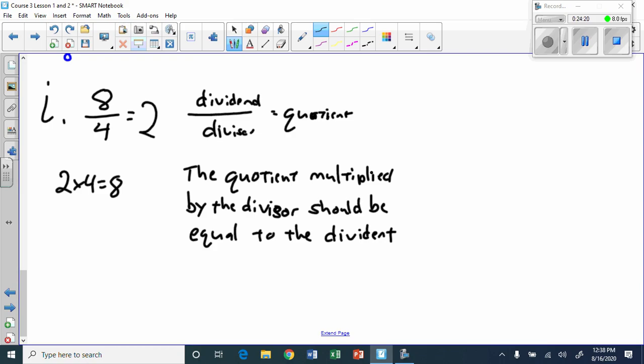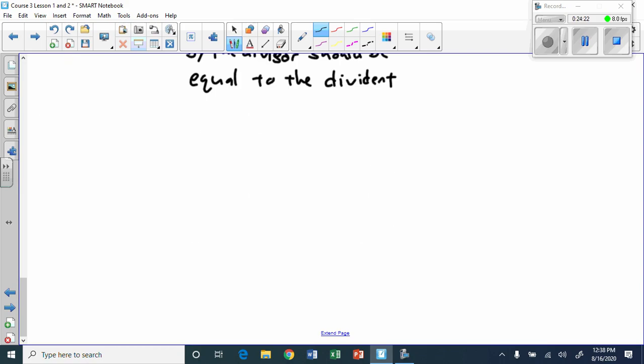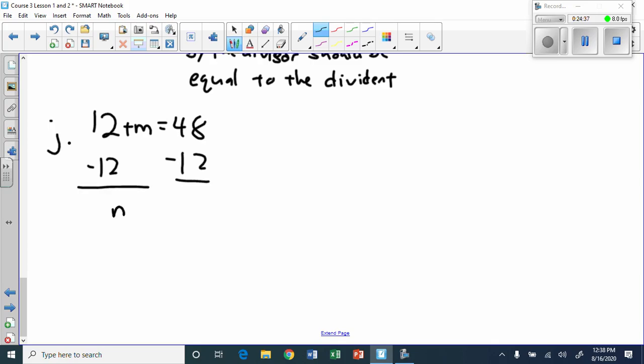And then finally, the last two problems, J and K. If we use the math, J, 12 plus M equals 48. I would subtract 12 from both sides. M is equal to 36. Is that true?